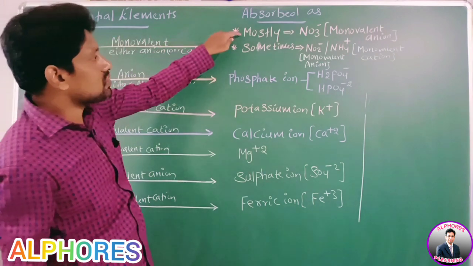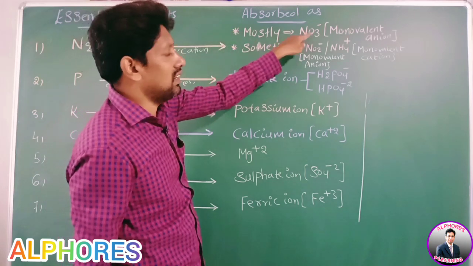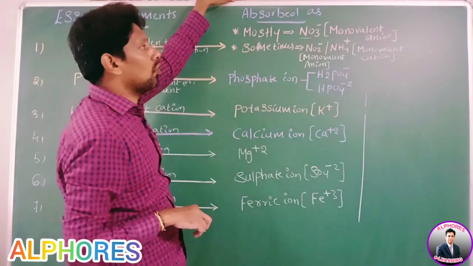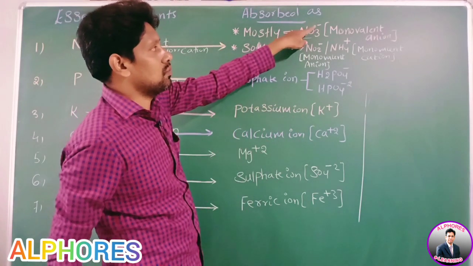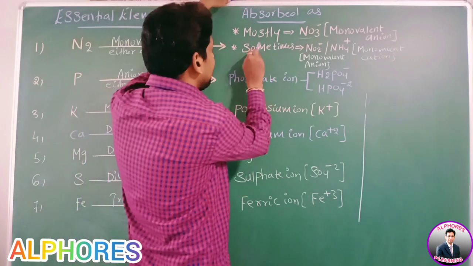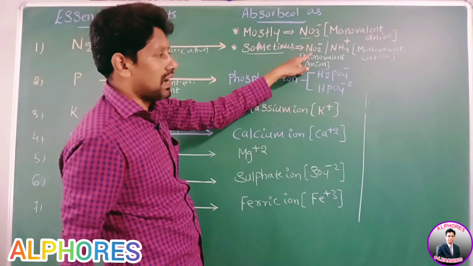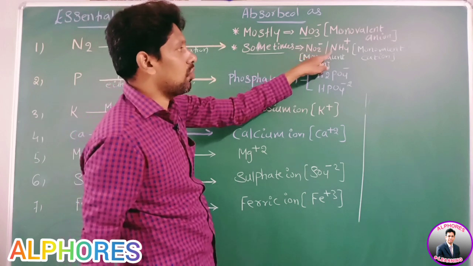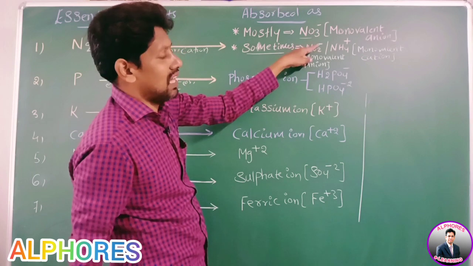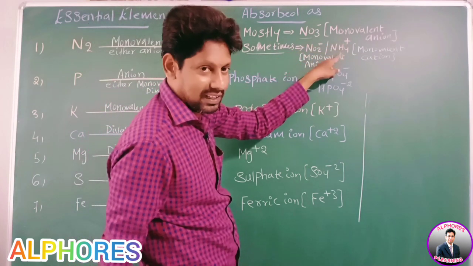Nitrogen is mostly absorbed as NO3 minus, a monovalent anion, right? Sometimes nitrogen is absorbed in NO2 minus form or NH4 plus form. NO2 minus is a monovalent anion, NH4 plus is a monovalent cation.